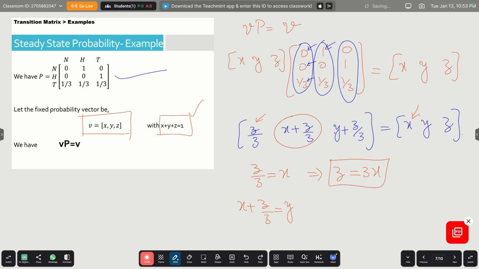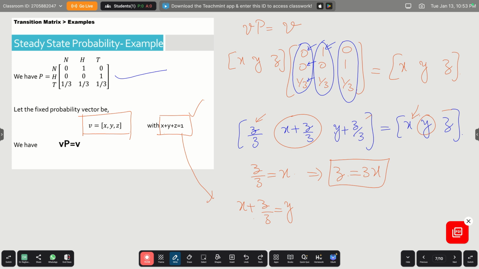And the third one, actually I don't need, because I already have the second equation and the third equation. Alright, three equations are enough. So I will go with these three equations.